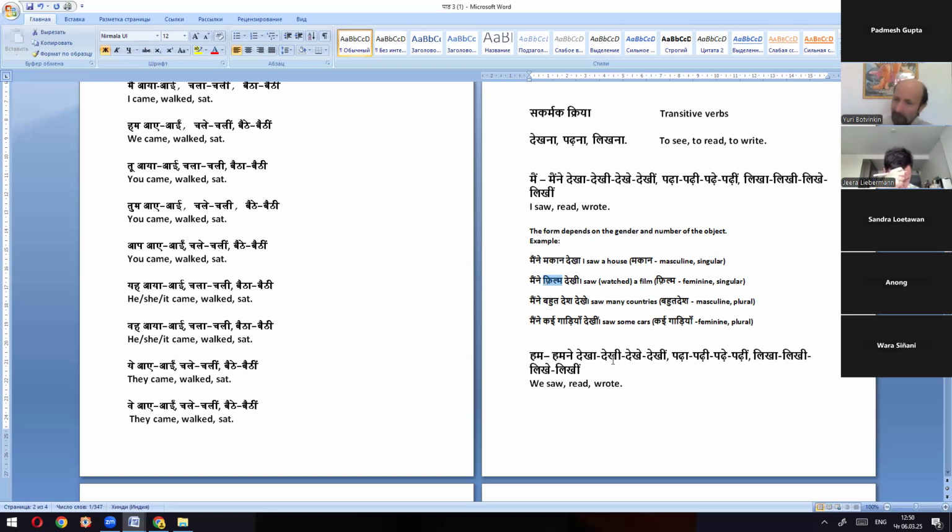So in this case, in past definite tense, when we use transitive verbs, from the sentence we cannot recognize the gender of the speaker. No matter who is speaking, everyone will say मैंने मकान देखा, मैंने film देखी, because this gender will be dependent on the object, the gender of the object.